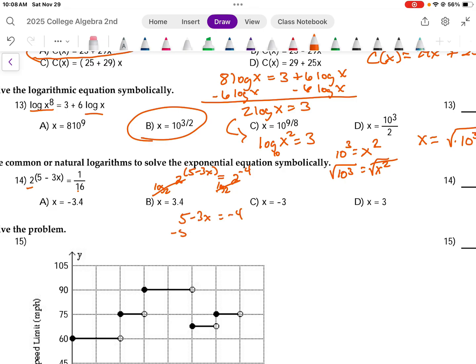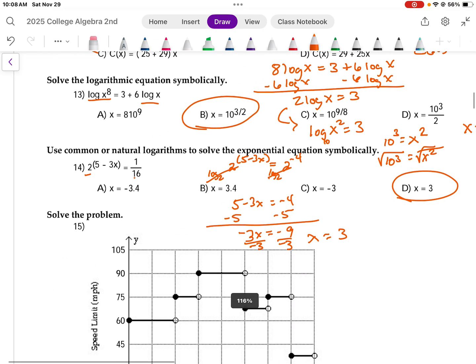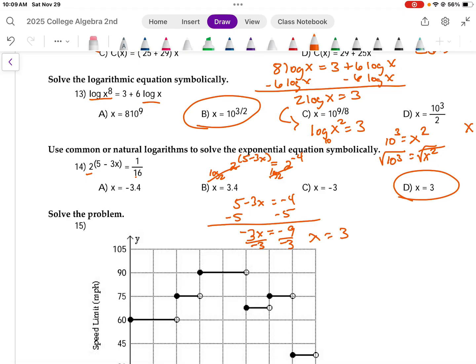And then we can just solve for x. x is equal to positive 3. If you want to go back and play that one again, I'd pause and rewind it.